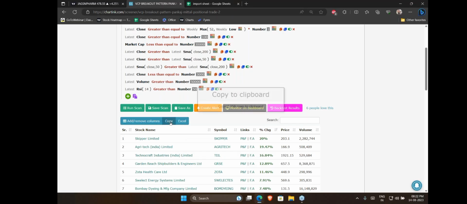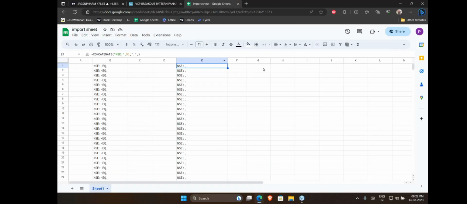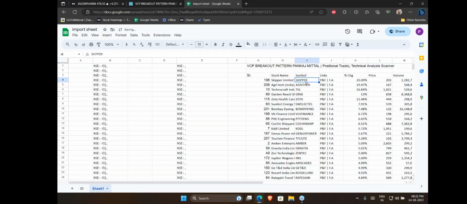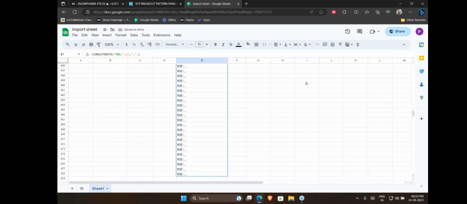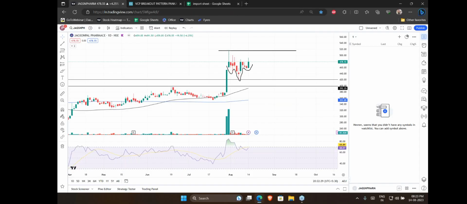Going to the scanner, copy the result from this place. We got 258 stocks. Copying, selecting the symbols only, pasting it to D once again, selecting the E column, copying the E column, and going to TradingView.